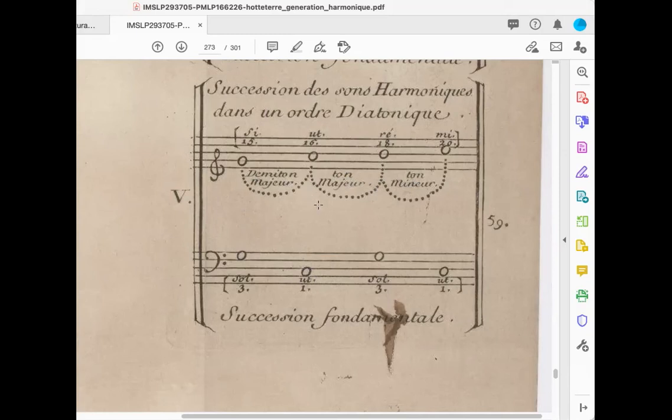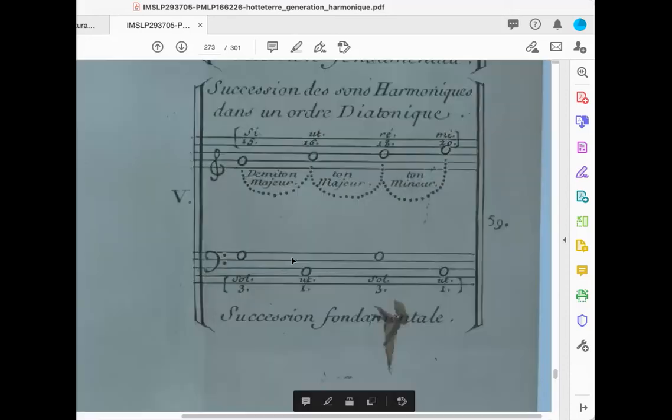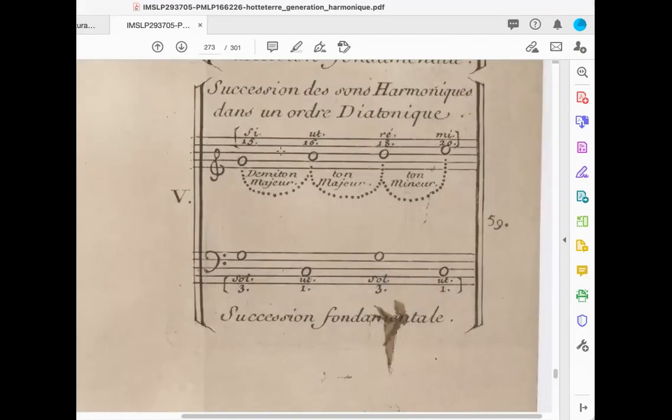Now, Rameau believes that the ear can't really hear those little intervals like the comma and the quarter tone. The ear does not perceive them because they are derived only as the third order from the fundamental bass. So all of our hearing is based on fundamental succession for Rameau.